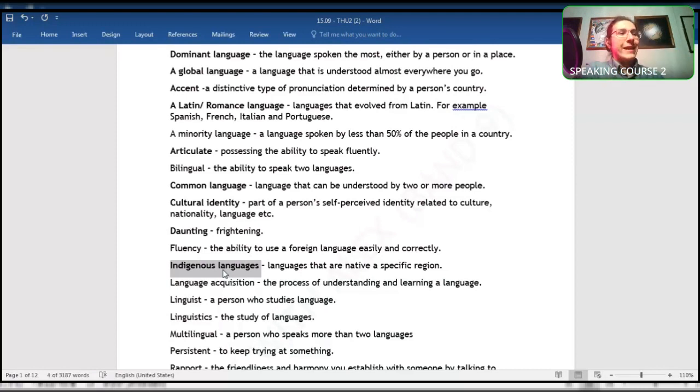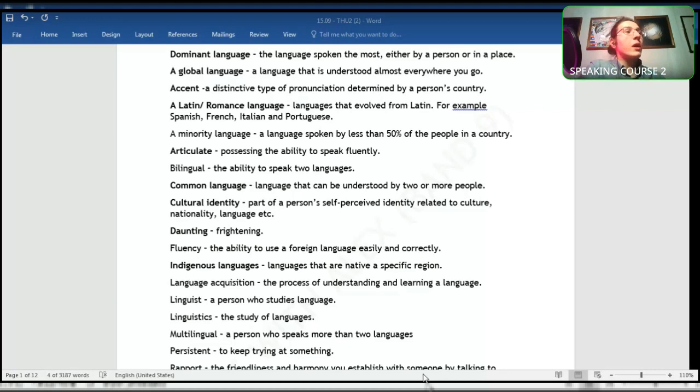For example, in America, the Native Americans. Those people are indigenous to that place. So indigenous people are the people that lived somewhere before other people came. So indigenous languages are the languages spoken by those people.